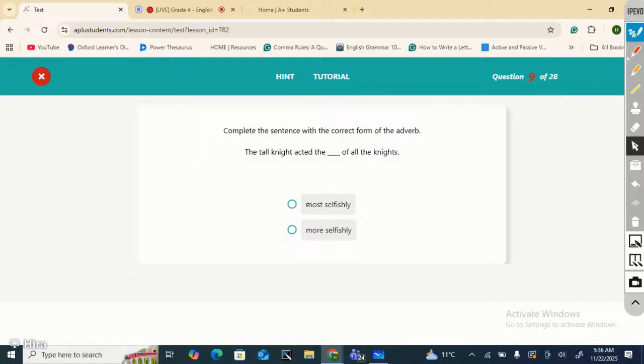Okay, of all the knights means more than one action. Sorry, more than two actions. So use a superlative adverb, and a superlative adverb has most in it. So most selfishly. The tall knight acted the most selfishly of all the knights.